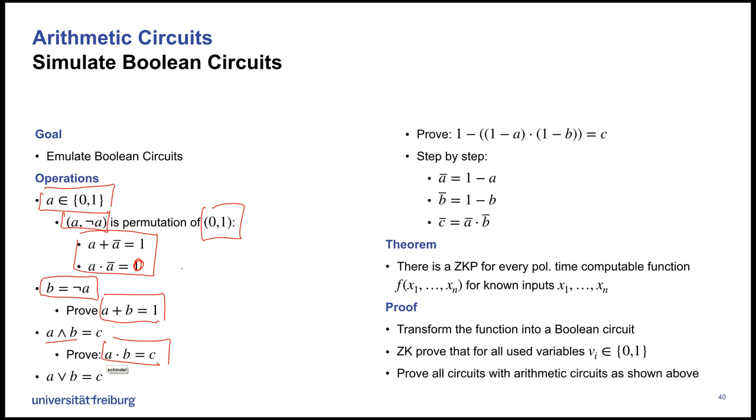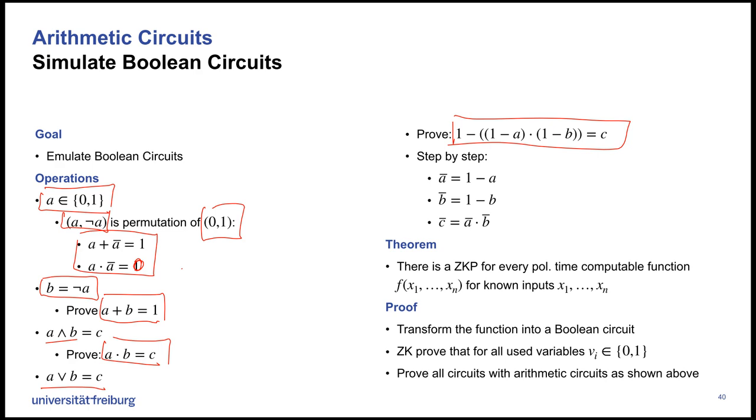You can also do OR and use De Morgan. So you can use the NOT of the AND of the NOTs, which you prove here. This is just an arithmetic formula which proves that if A and B are Boolean numbers, you do the negation, you do the AND, and then you do the negation. And this is only true if A or B holds. Okay, so this is also quite obvious.